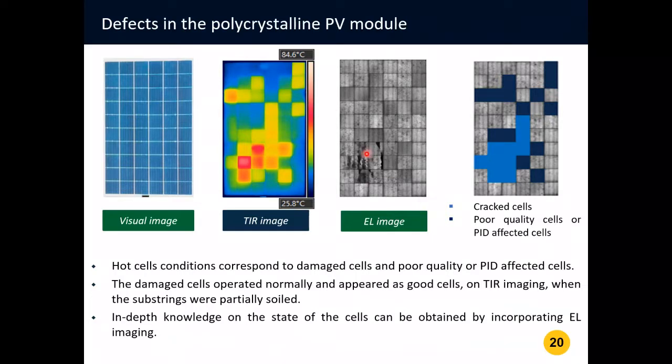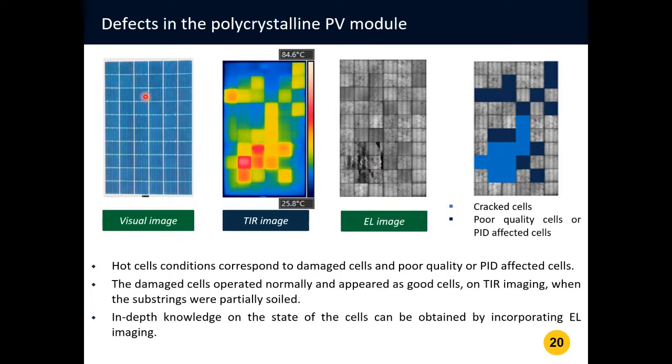The damaged cells operated and appeared as good cells, as shown on previous thermal infrared images that were captured when the substrings were soiled. So incorporating EL imaging can give detailed information on the state of the individual cells.